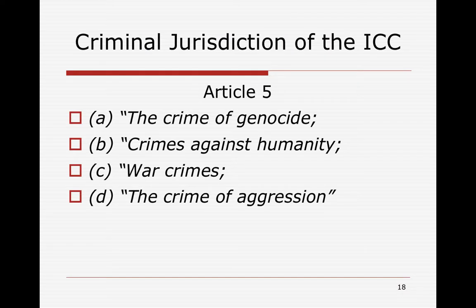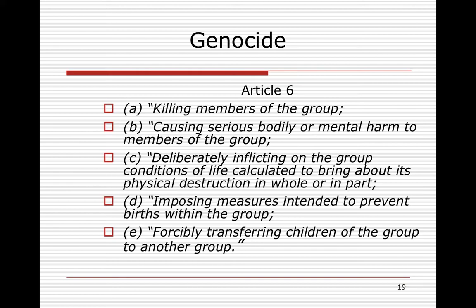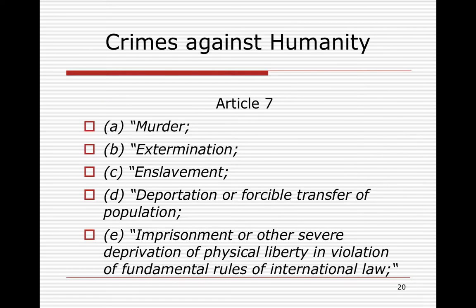And here are the various elements of the crimes, which is crime of genocide, crime against humanity, war crimes, and crime of aggression. So these slides elaborate what these are. The Article 6 on genocide copies the content of the Genocide Convention of 1948, if I'm not wrong, and it is widely accepted as the definition of genocide. Consensus is there, so it is kind of straightforward.